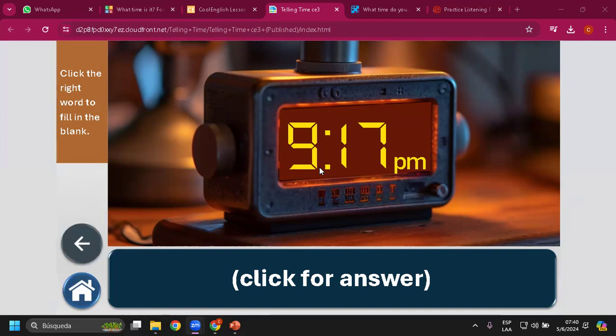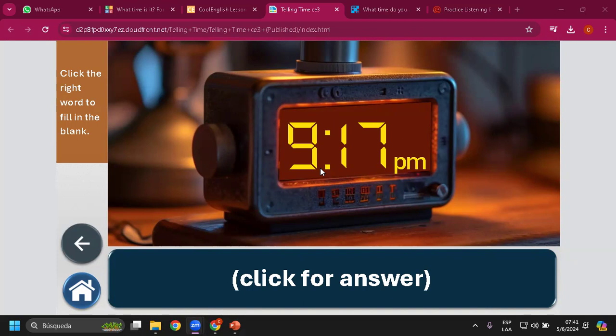That's it. Very good. So listen, I know that it is difficult, right? I mean, telling the time. We need to memorize the two options, the difficult and the easy. But we need to try to use both. Please, no nos acostumbremos solo a la forma fácil. 9:17. Okay, but that is the easiest one.